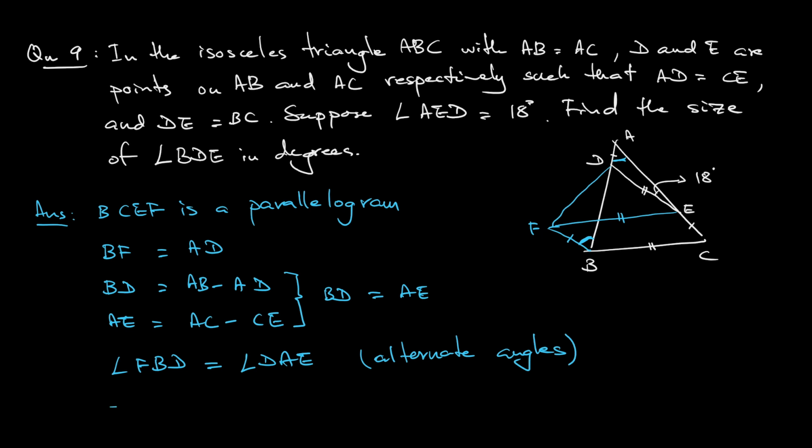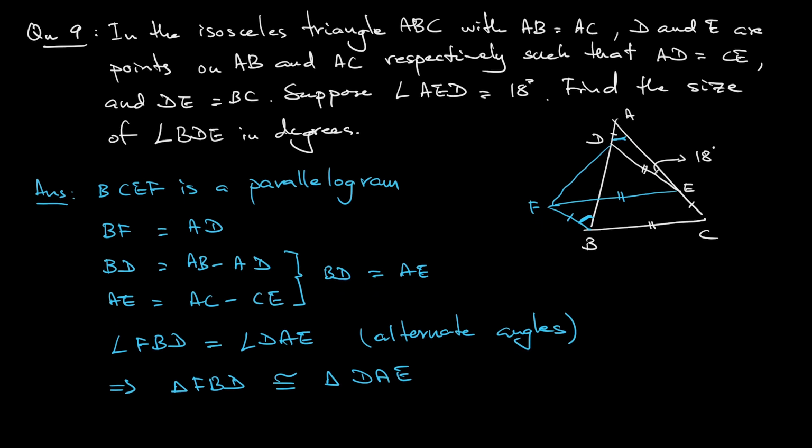I would say that triangle FBD is congruent to triangle DAE. So this would imply that FD would equal DE. So this is actually also 2 dashes. And as we can see, all of these are equal.